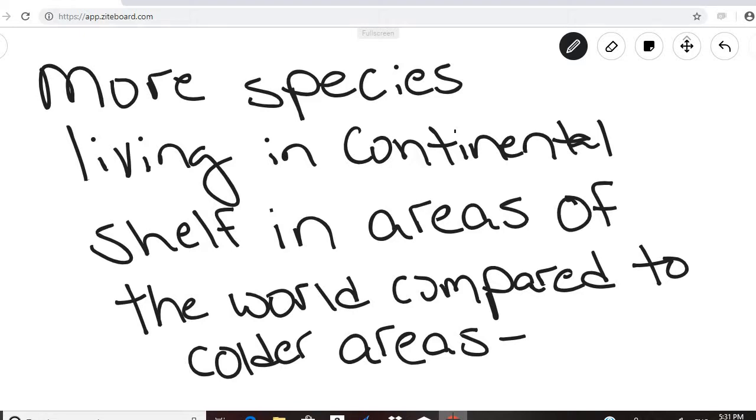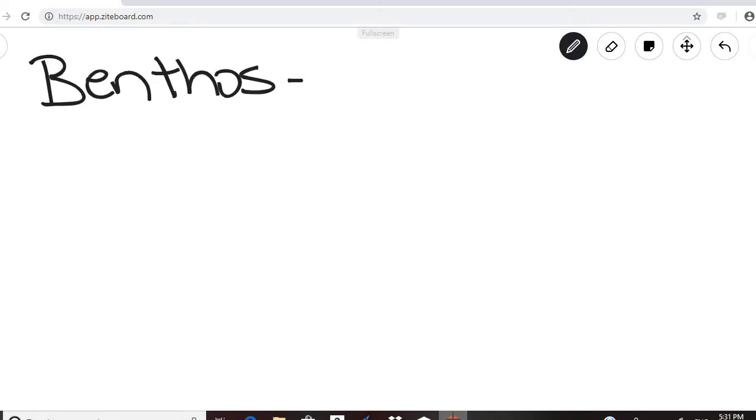Let's review a few terms because these terms do apply to the continental shelf and we will be using them in our discussion. The first term I want to review is benthos. You'll remember that these are animals that live on the bottom.